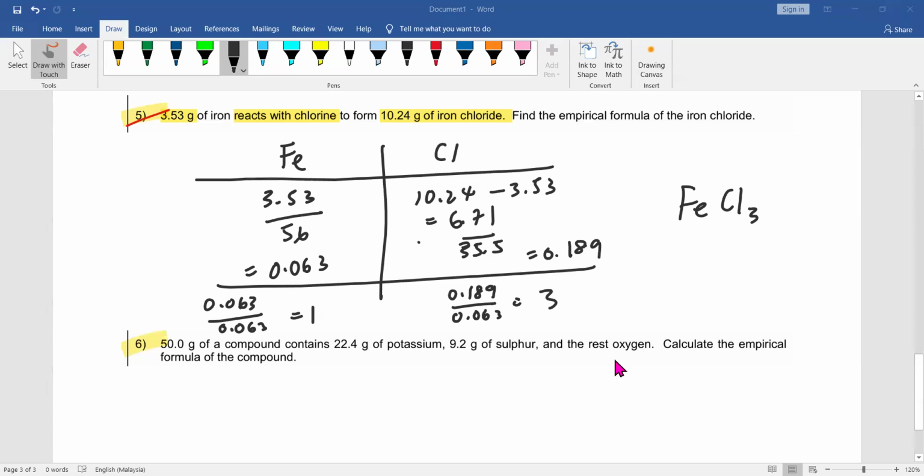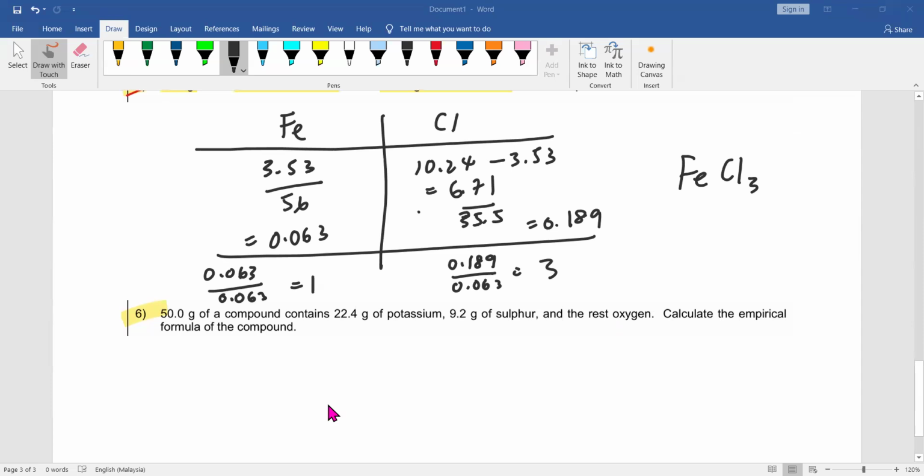Do you get FeCl3 for the first one? Okay, that's that.